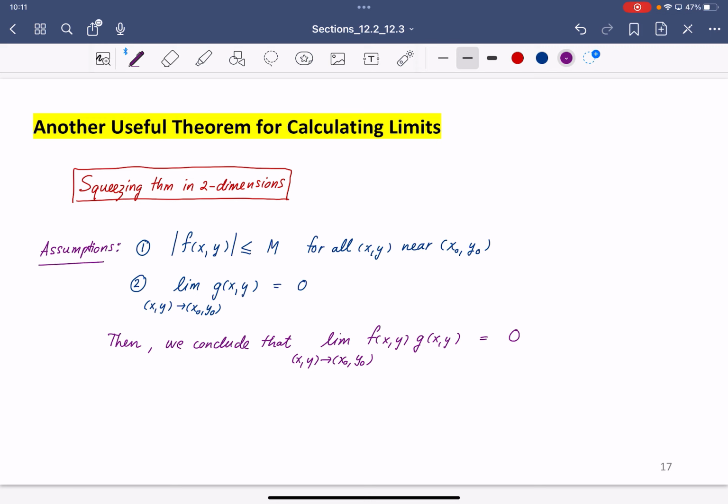If you have number 1 and number 2, you can conclude that the limit of f times g is gonna be 0.